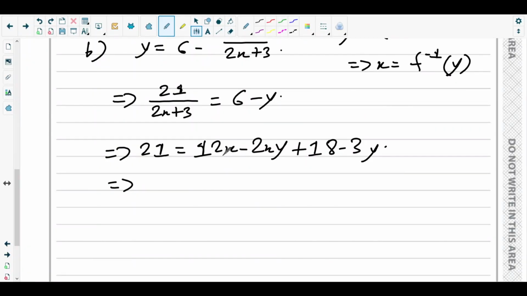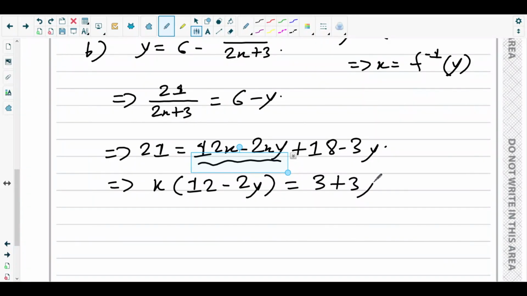So take x common from these two terms. If you take x common, you will get x times 12 minus 2y, and take the other two remaining terms to the left side. So you'll get 21 minus 18, which is 3, plus 3y. Now make x the subject.